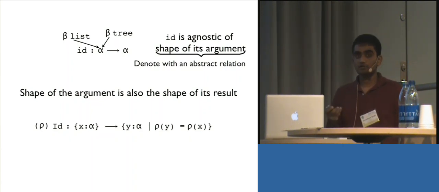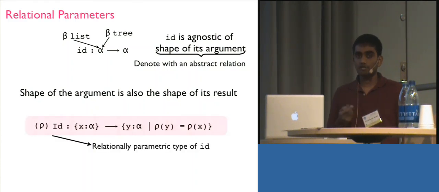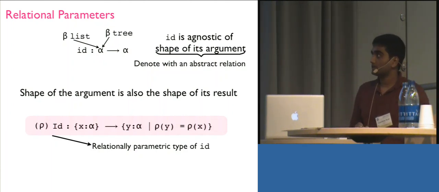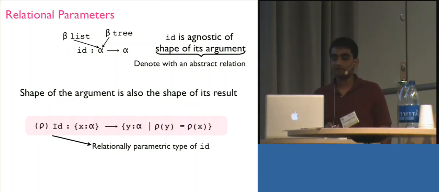Observe that the abstract relation rho is generalized in the type of ID. So rho is actually a relational parameter to the type of ID, just as alpha and beta are type variable parameters. So we call this particular type of ID the relationally parametric type of ID.